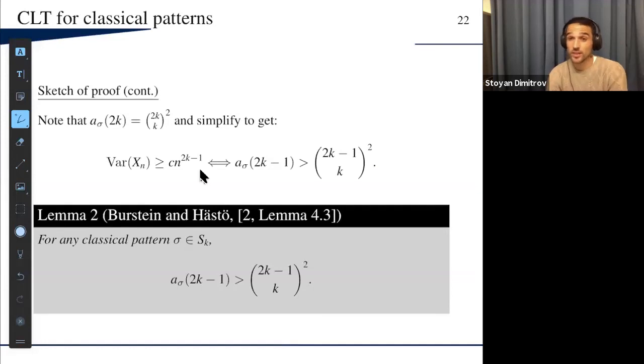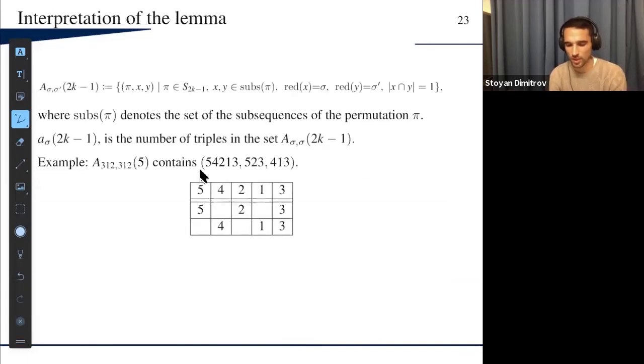We couldn't find a combinatorial proof, but what we were able to give is an interpretation of the right-hand side, and of the whole lemma, actually. So I would describe this interpretation here. Let's look at this set A sigma sigma prime to k minus 1.